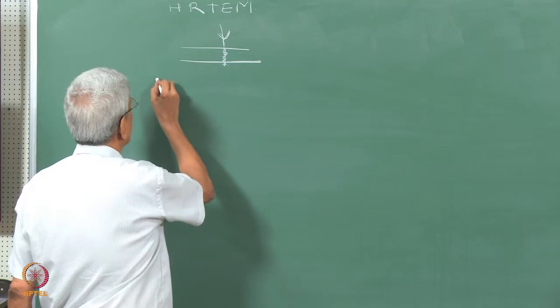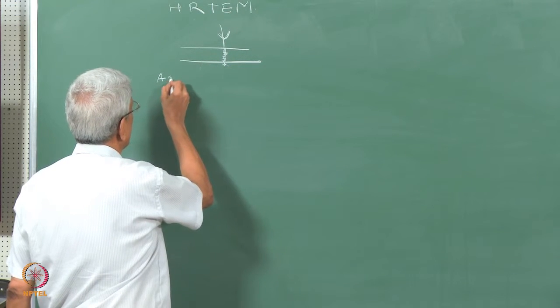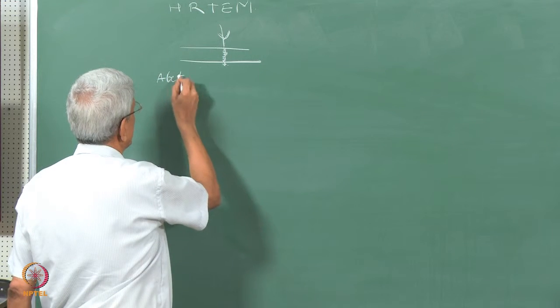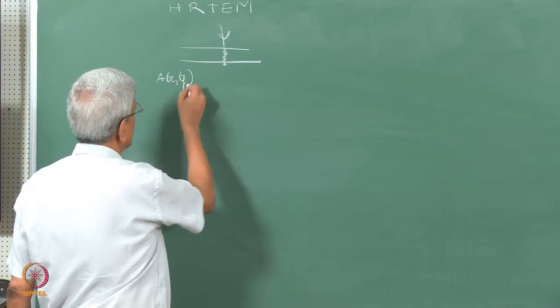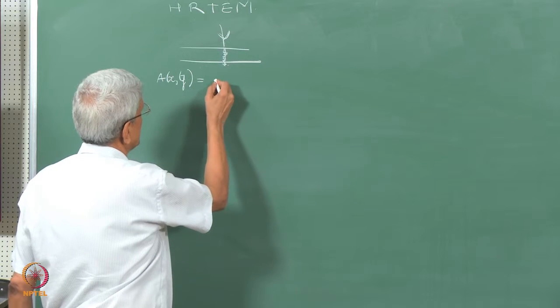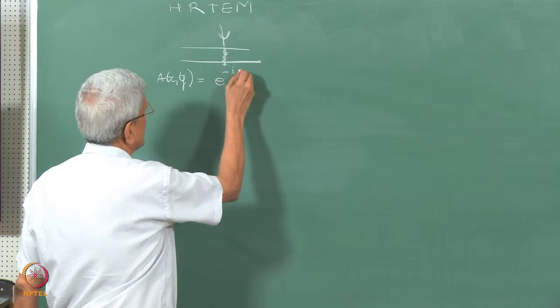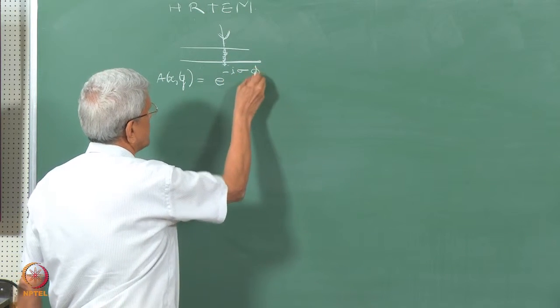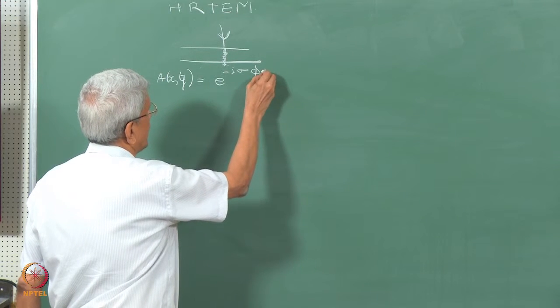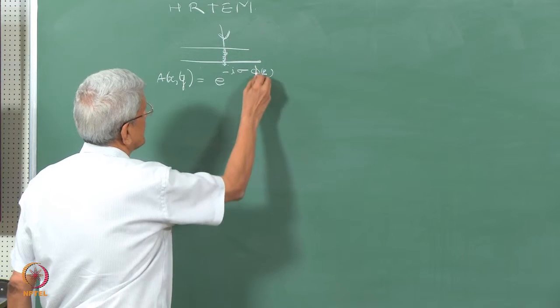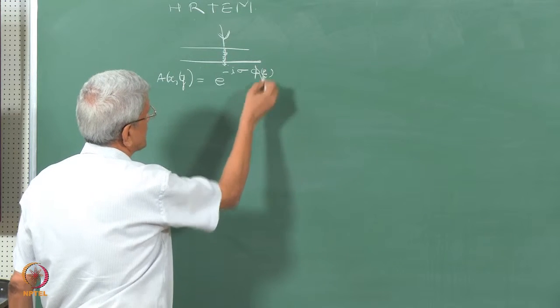So, essentially we considered that sample as a function, which we can represent as a function of x and y, equal to e to the power of i sigma phi of z, where z is the thickness. This phi is the one which depends upon the potential.